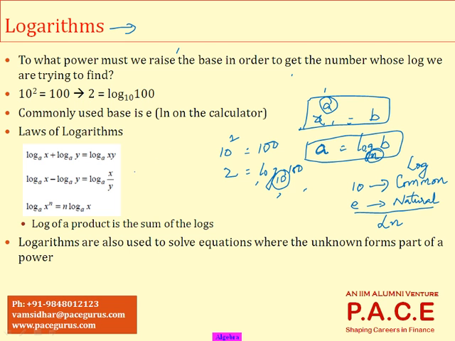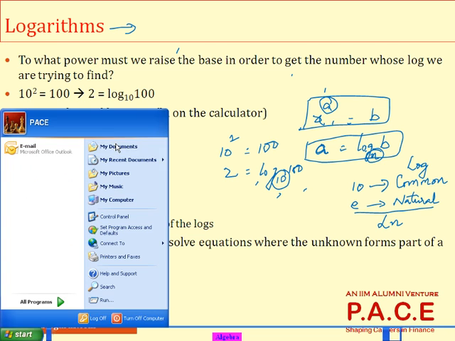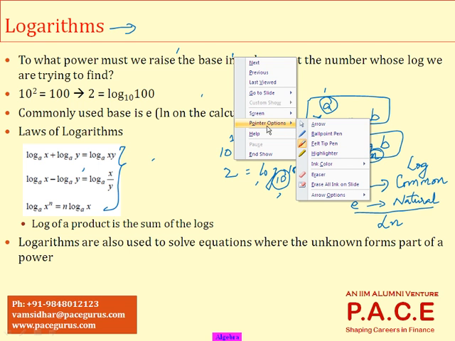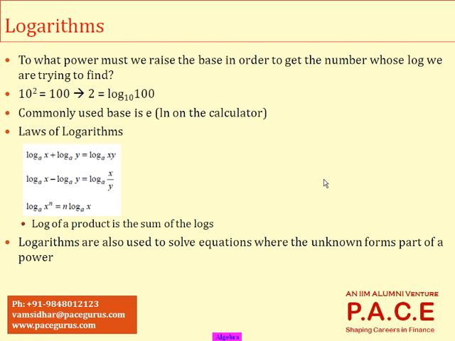And just like you have three main laws with respect to indices, you have similar laws with respect to logarithms also. Those laws are simple. Let me try to link them up with the indices formulas.